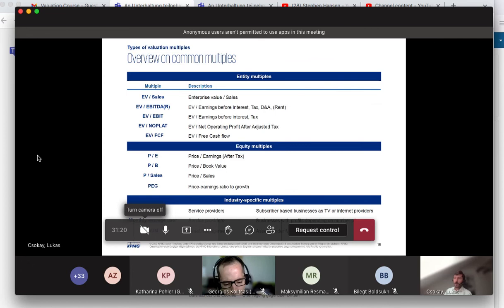For example, Netflix could do that. They have a number of subscriptions outstanding, and they could measure their entity value or equity value relative to this figure if it's a value driver for them.